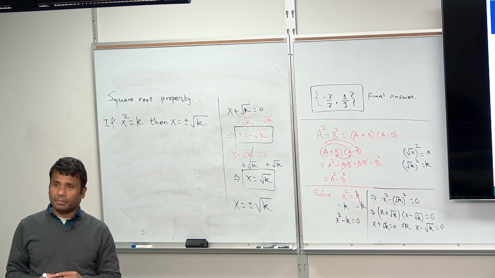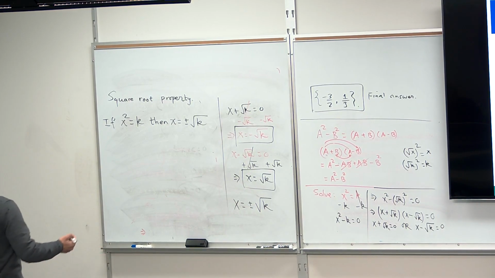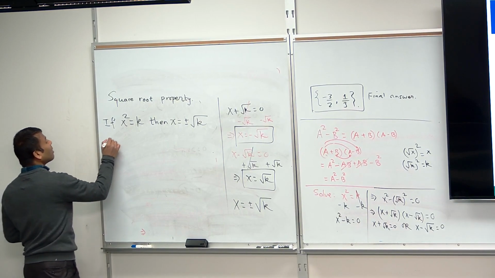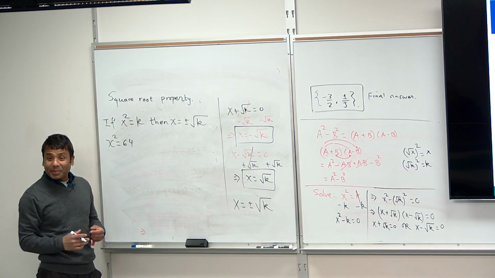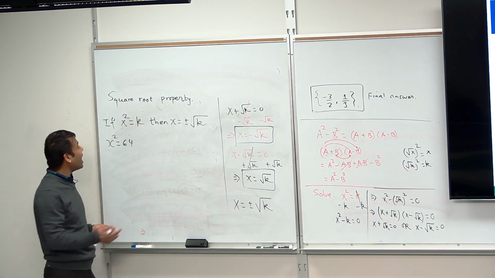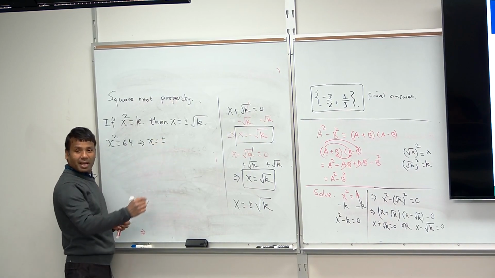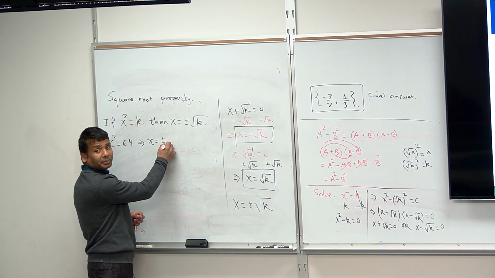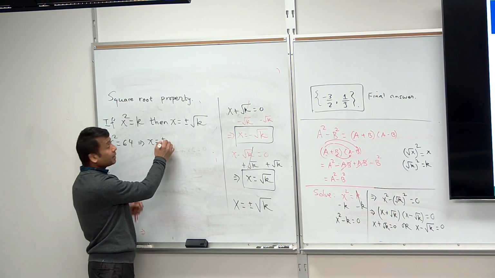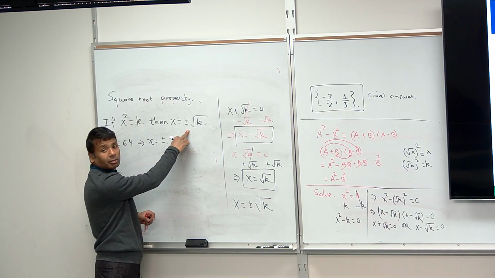Did you get it? Yes? And now we can use it. If I have x squared equal to 64, how do you solve this? What are the values of x? If x squared equal to k, then x equal to plus or minus radical k.